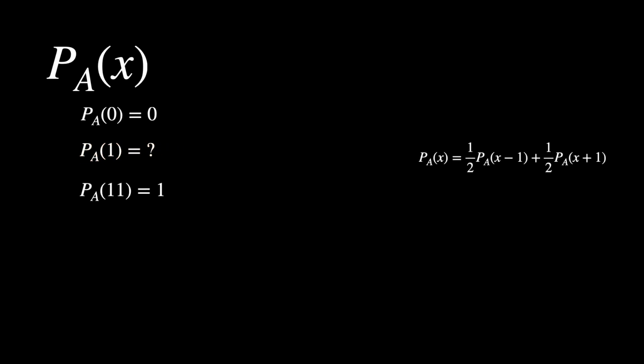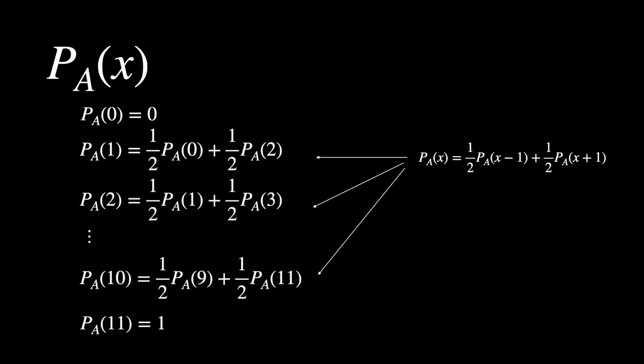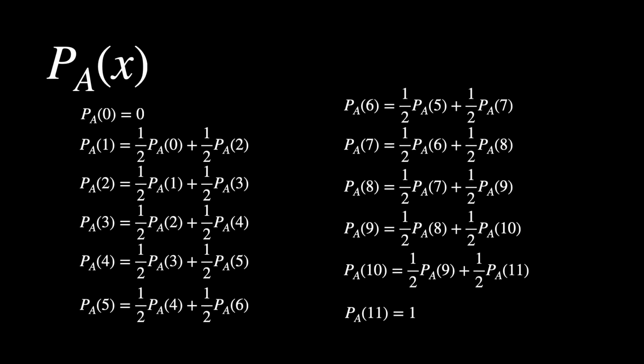By using the equation we just talked about and applying it to PA1, we will know how PA1 is linked to PA0 and PA2. By applying it recursively, we will get a list of states standing together. Let's list all of them like this. Notice we've already known PA11, so let's apply it to the equation for PA10.